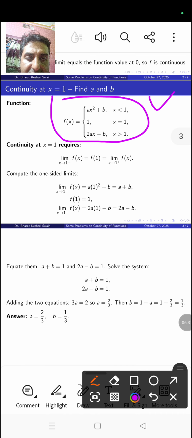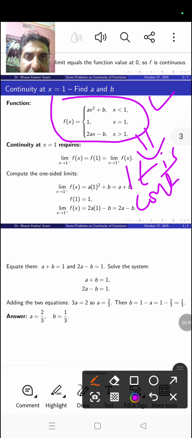This is your given function. And another given is that it is continuous at x equal to 1.